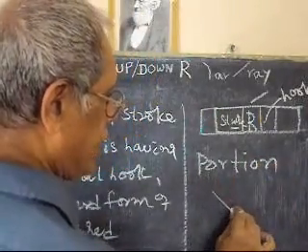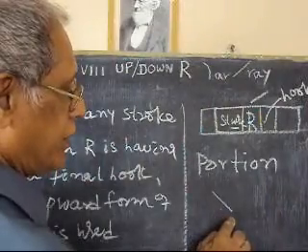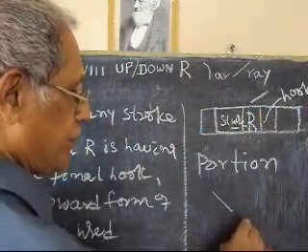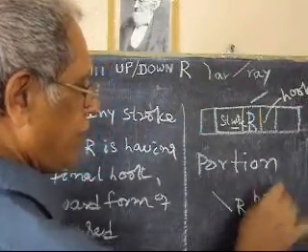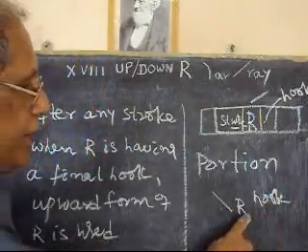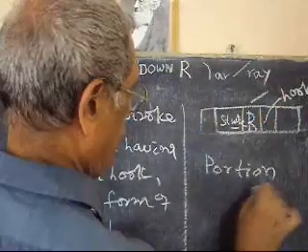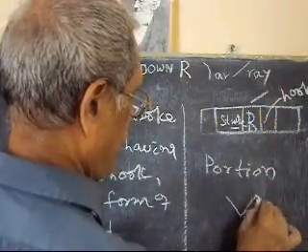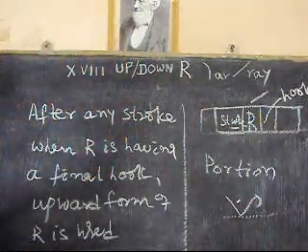P is there, then R has come. So after a stroke, when R is there and there is a hook, then this R should be written with upward. Portion. Okay?